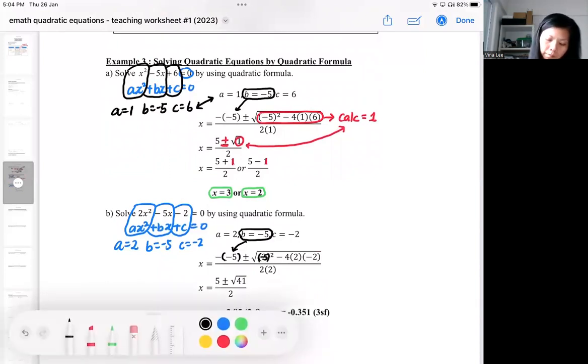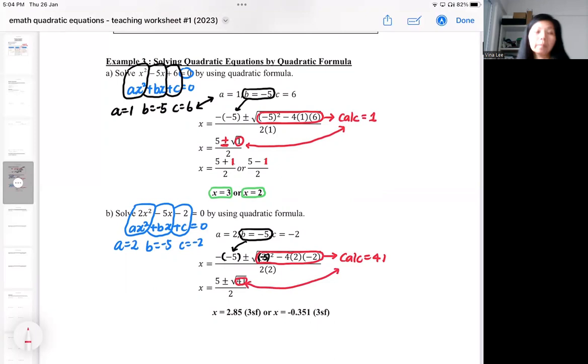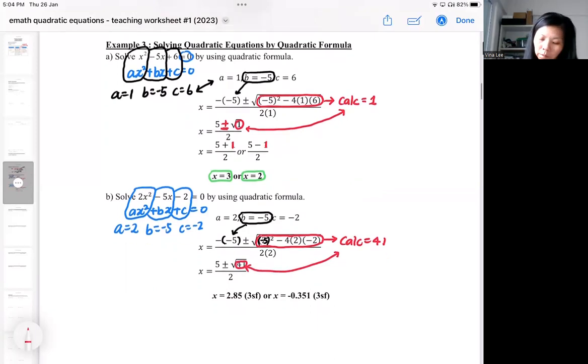I input this portion into my calculator, and it gave me 41. From here, I obtain my two answers. This answer came from this over 2, and this answer came from this over 2.